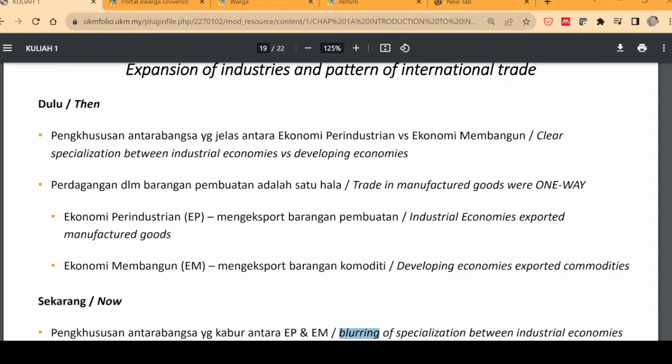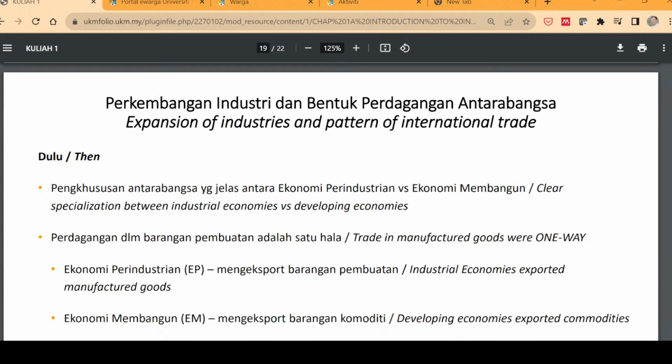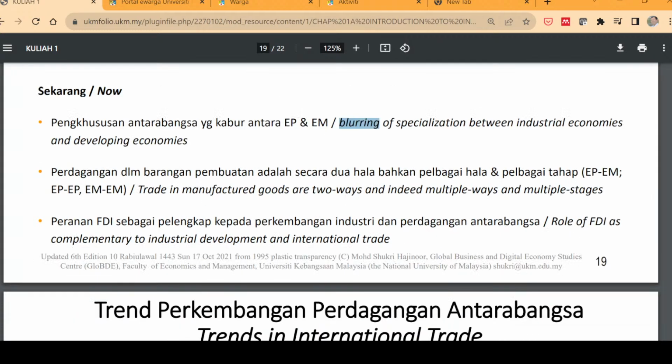Okay, this is what I was explaining. The pattern of trade then and the pattern of trade now. So I'm repeating again. The pattern of trade at that time, we're concerned about the manufactured goods. And just now what I was typing is already here.